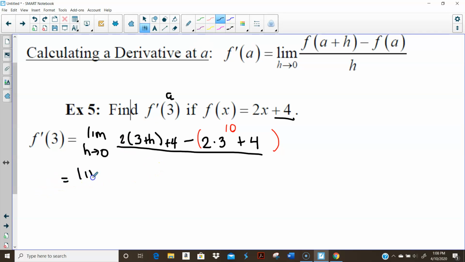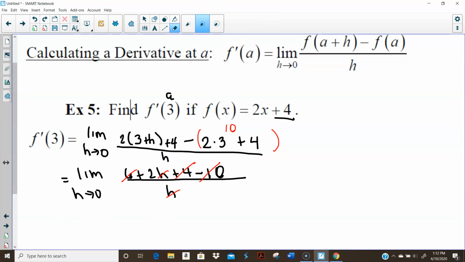The limit as h approaches 0 of 6 plus 2h plus 4 subtract 10, all over h. Here's the h up here too. You can see that when we cancel, we'll end up with just 2.